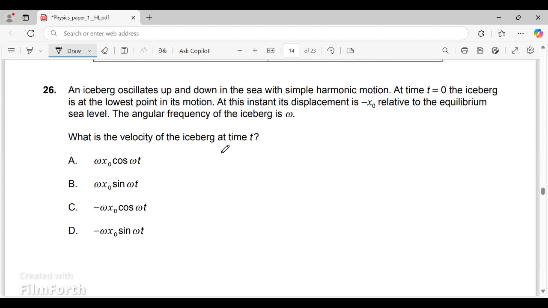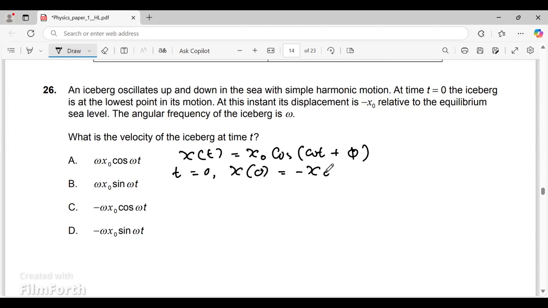Okay, the general equation for displacement in simple harmonic motion is x equals x0 cosine of omega t plus phi. Given t equals 0, and the iceberg is at its lowest point, it means x at t equals 0 equals minus x0.